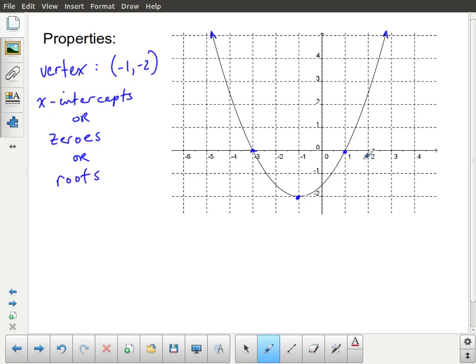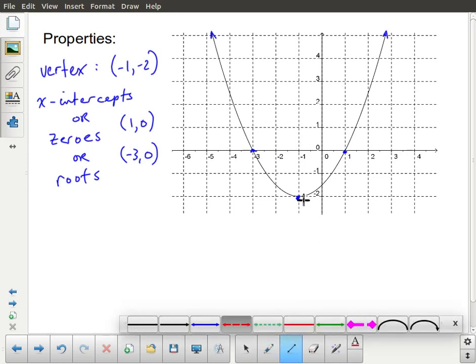And in this case, we're going to have the points (1, 0) and (-3, 0). So those are my x-intercepts.